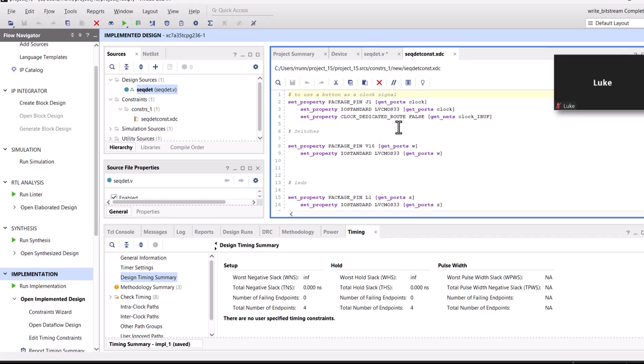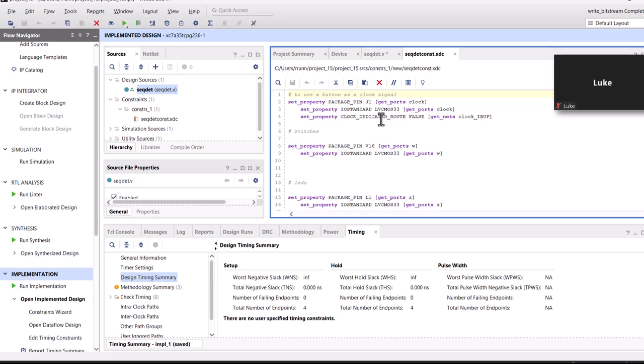If you plug it in on the top right, the bottom right button is pin J1. You can get this off the handout on learning to program with the Basys 3 board.